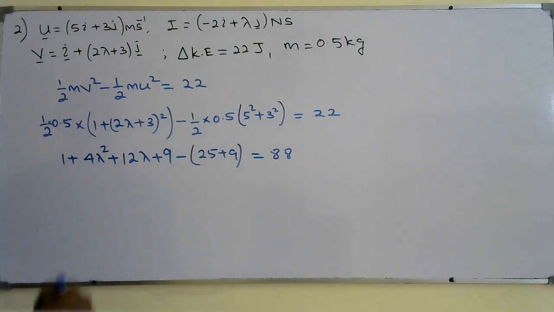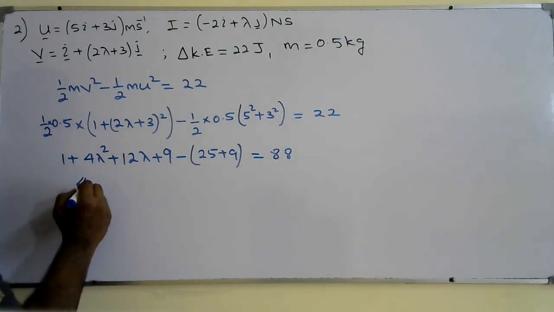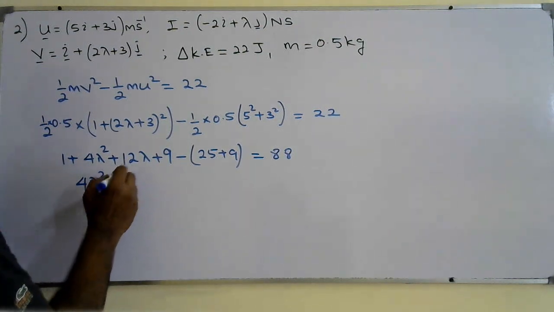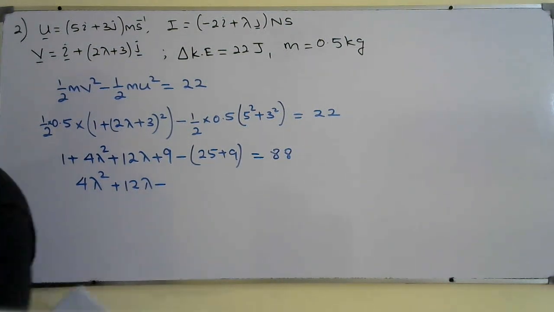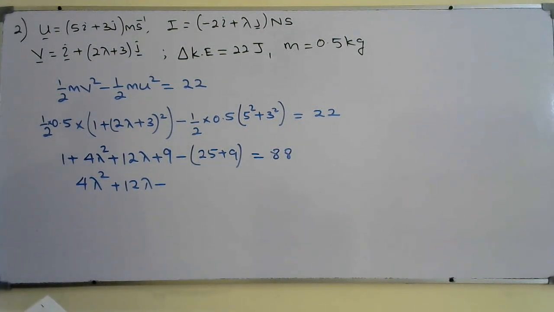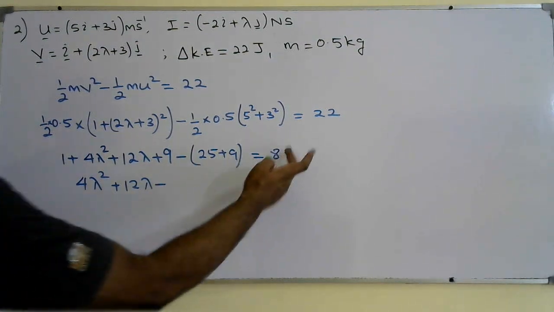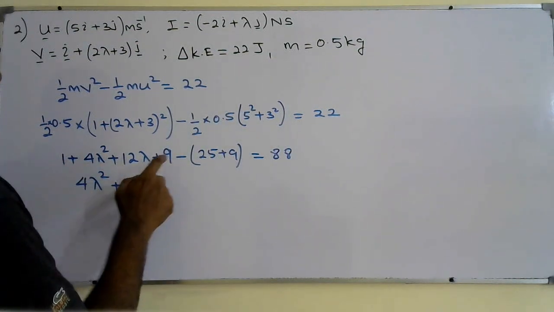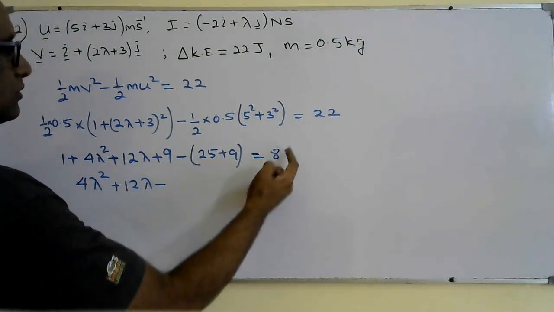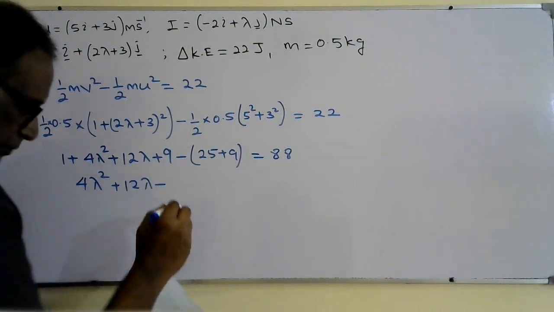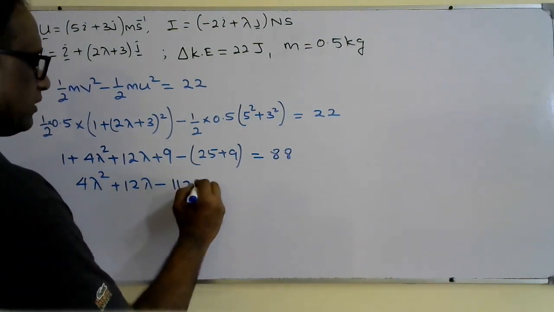So you end up with 4 lambda squared plus 12 lambda, and the 88 goes to the left, so minus 88. Solve it and you'll get minus 112 equal to 0.